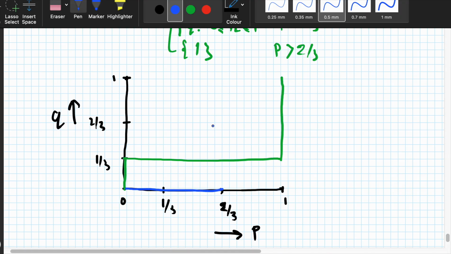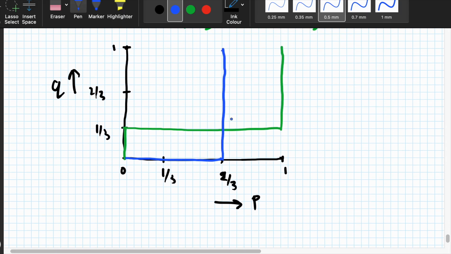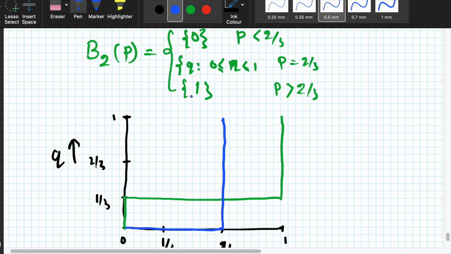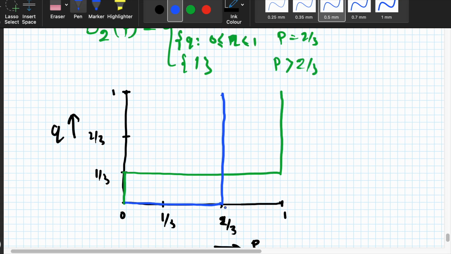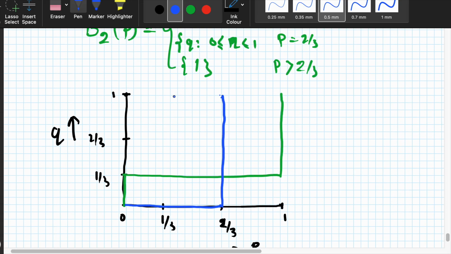At 2/3, any value of q is the best response. And for p greater than 2/3, sorry, q equal to 1, only q equal to 1 is the best response.